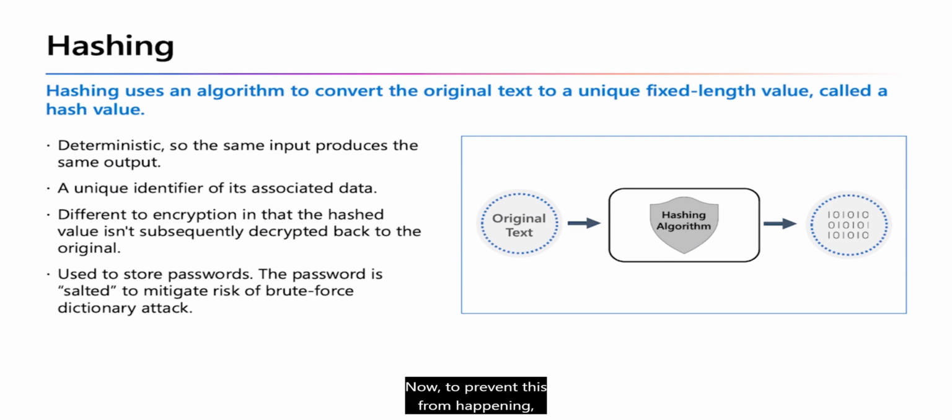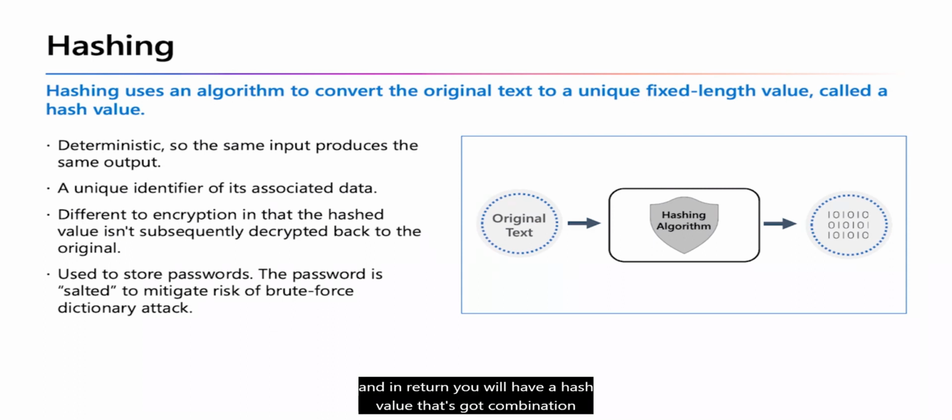Now, to prevent this from happening, what we can do is introduce something known as salted hashing, which means we can also add something else as another fixed value to this particular hash algorithm to make it more difficult for these malicious actors to work their way backward. Typically, you can see timestamp values and other similar values added to this, just to ensure that if somebody was to try this at a different time period, this value will not match.